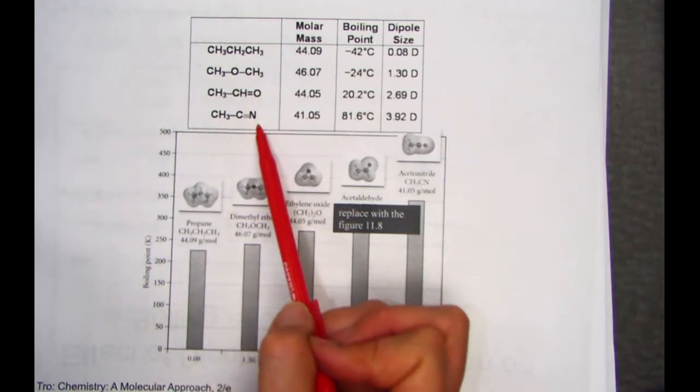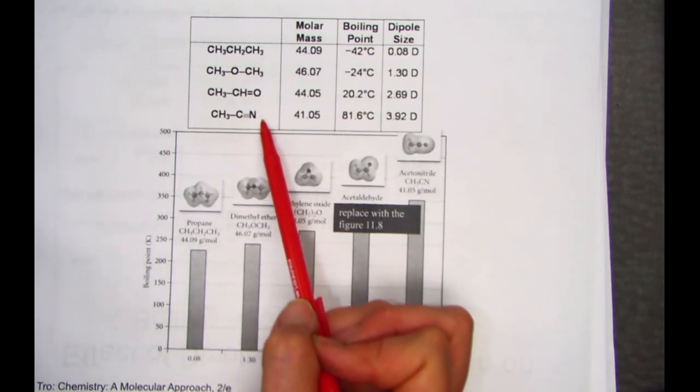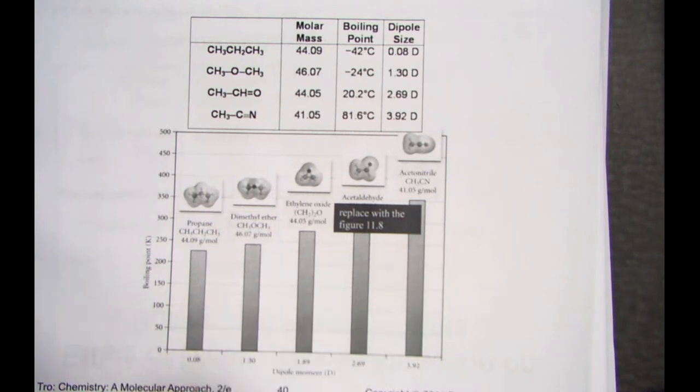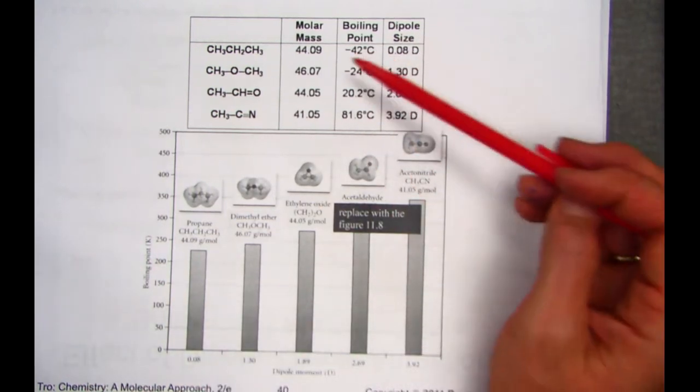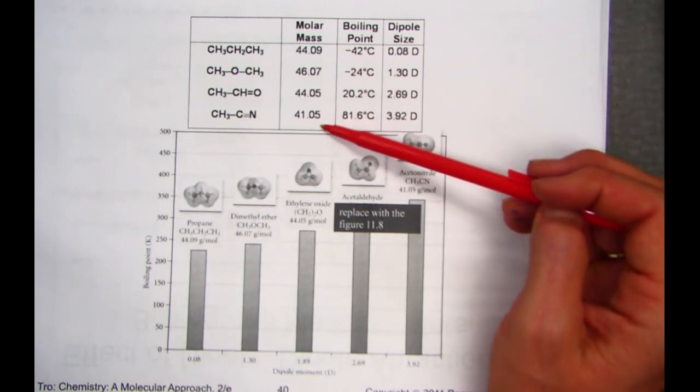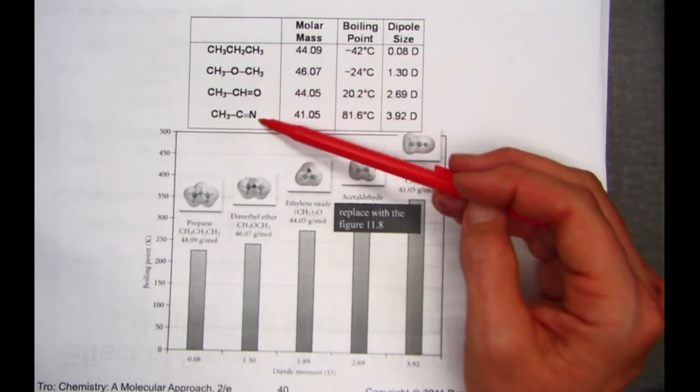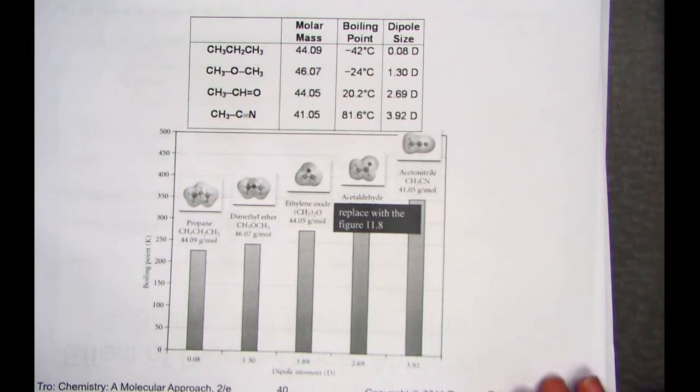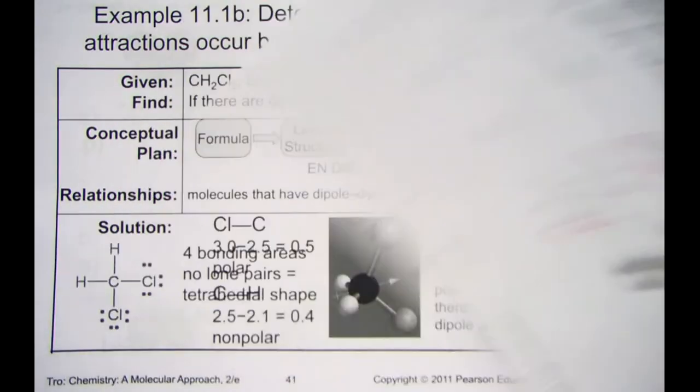Oxygen versus nitrogen is what I'm seeing as the difference here. The electronegativity difference here is going to create a higher boiling point. We can clearly see the more polar the molecule, the more electronegative the molecule is, the higher the boiling point, due to the dipole-dipole interactions.